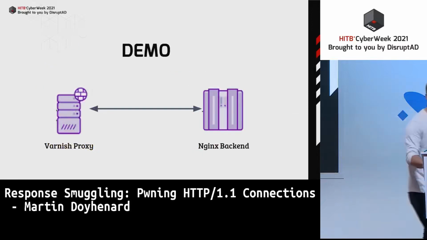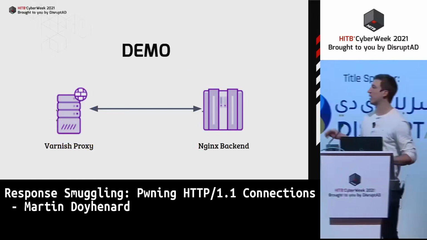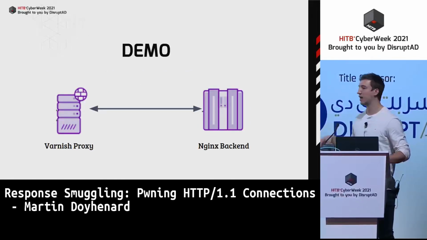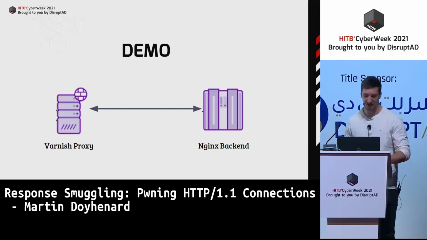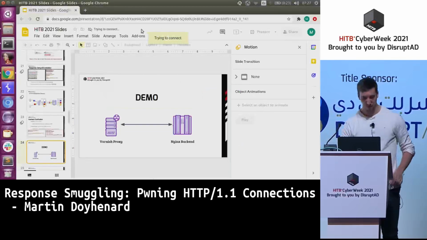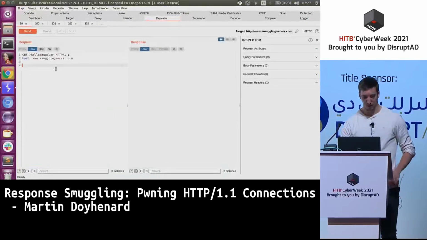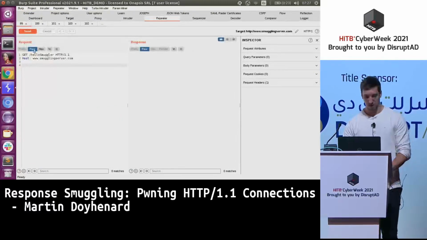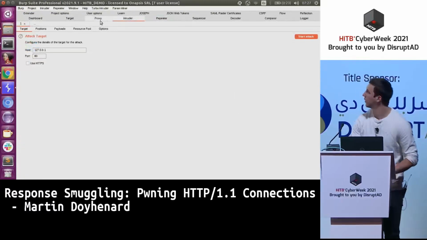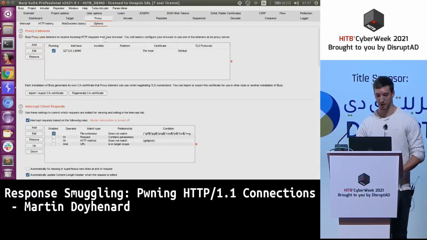So I will show a demo using this. And the idea is we are going to have a Varnish proxy and an NGINX backend. Okay, so yeah, it's everything here.